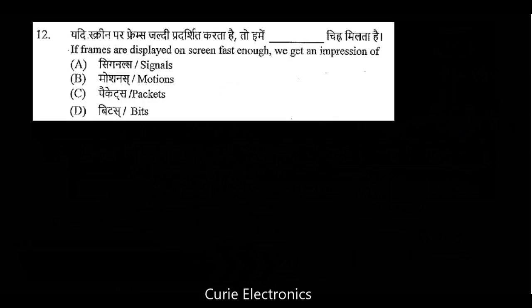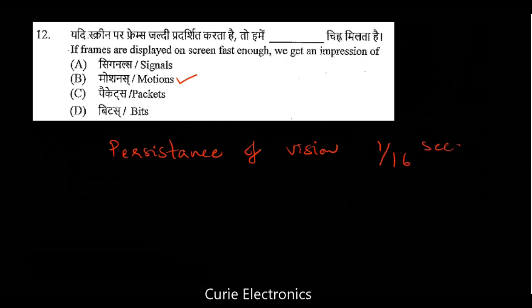Question number 12. If frames are displayed on a screen fast enough, we get an impression of motion. That is called persistence of vision. That is 1/16 second.